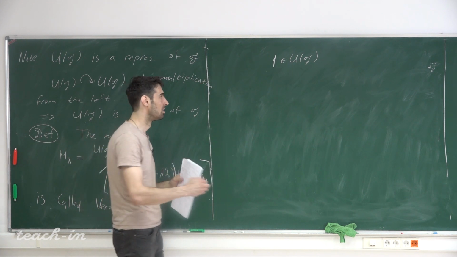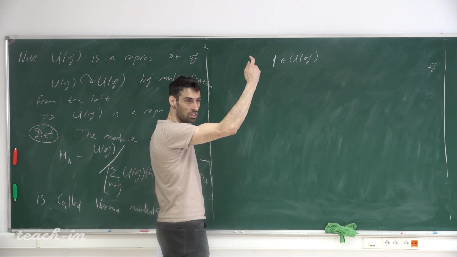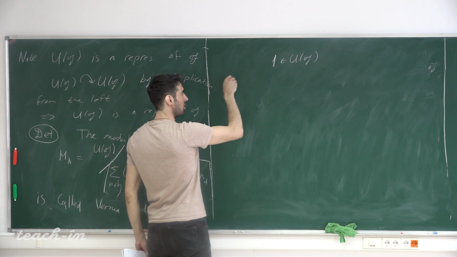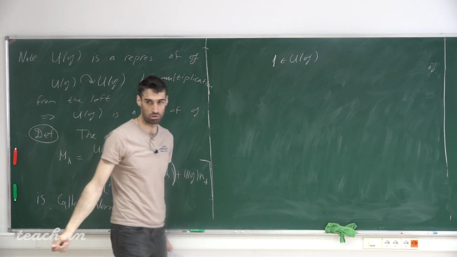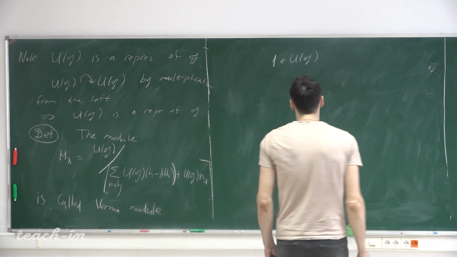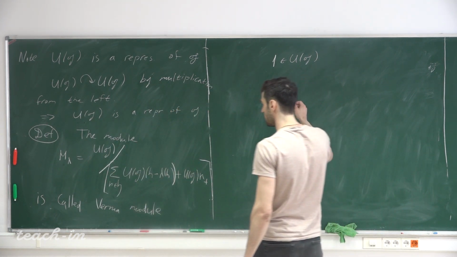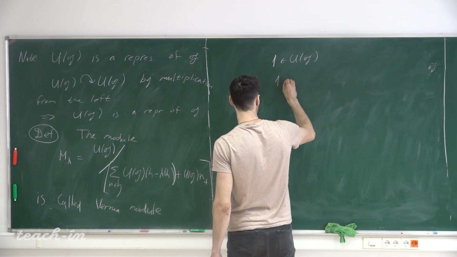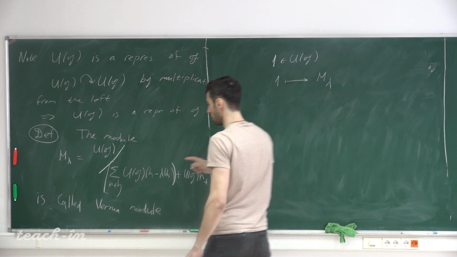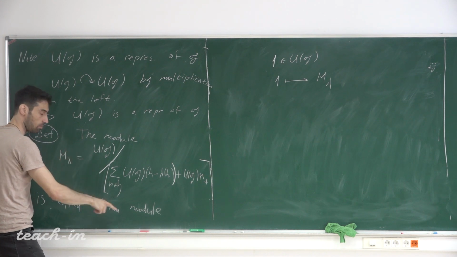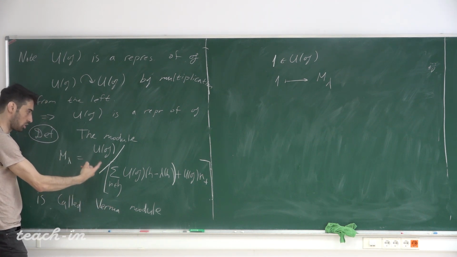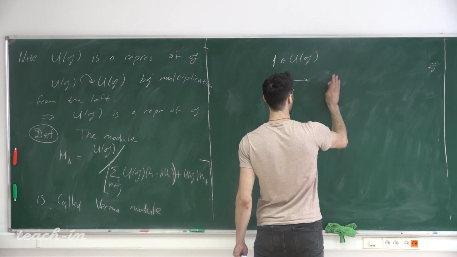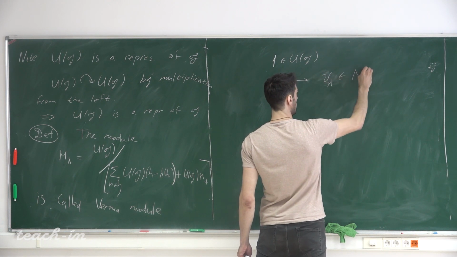But for us, it means that 1 is a generating vector in U of G. You can take this vector and apply U of G to it from the left and get the whole U of G. But then if I take this 1 and consider its projection to M lambda, its image, I have a natural projection from U of G to M lambda. So in M lambda, I will get some vector v lambda.